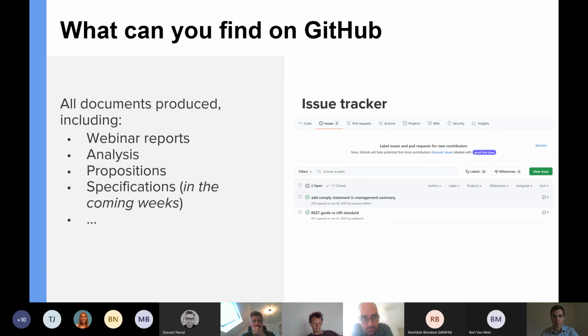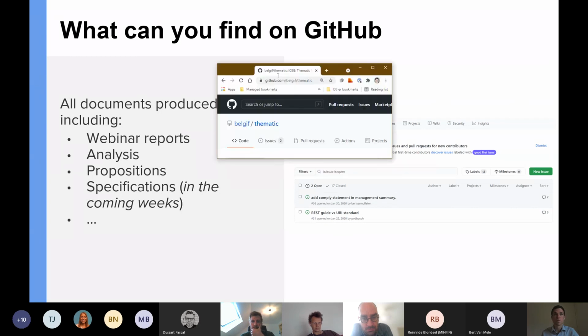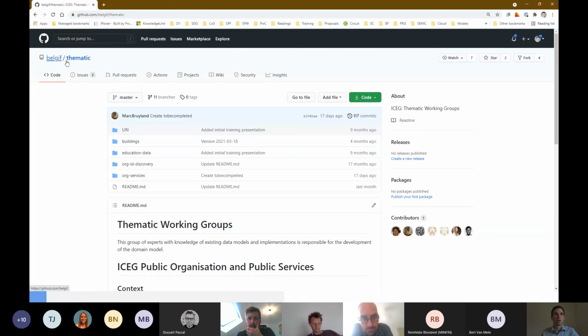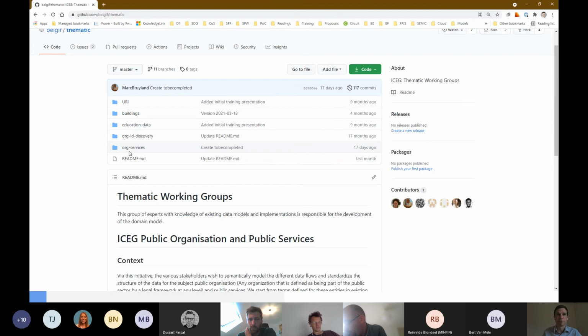So let me show you. On this link, and you may want to save it somewhere on your laptops or in your browser, you can find on the code side the different folders with information.